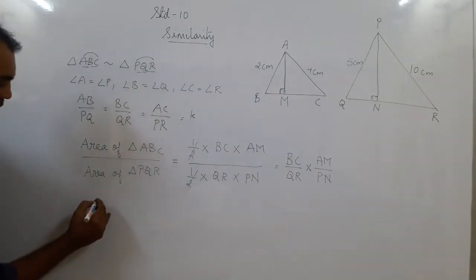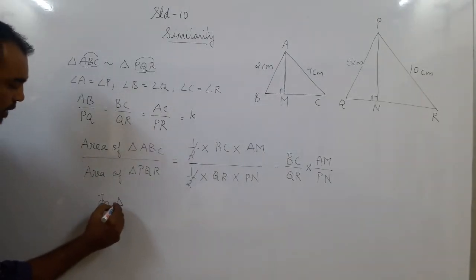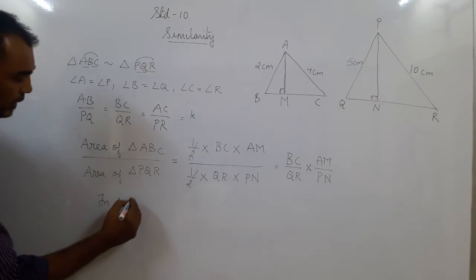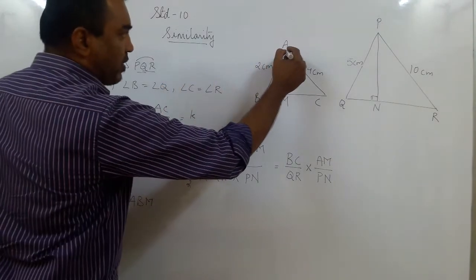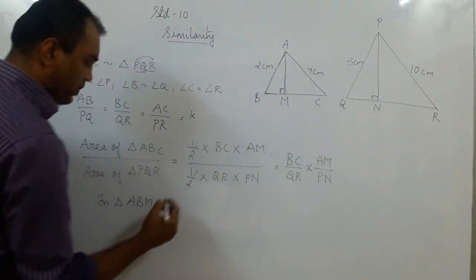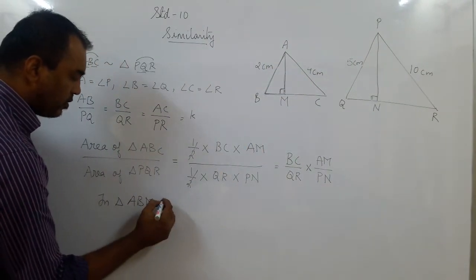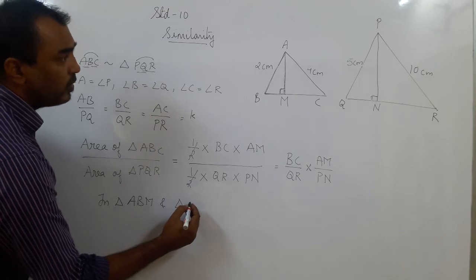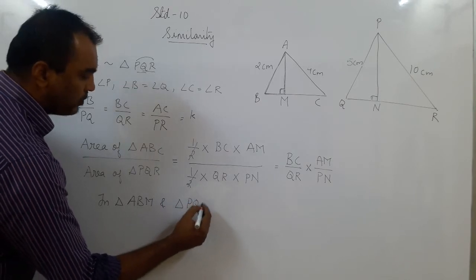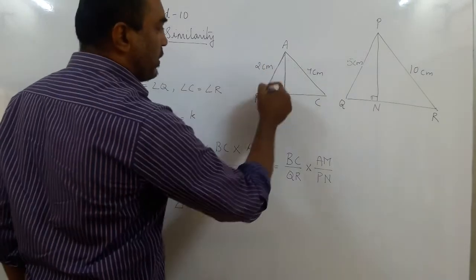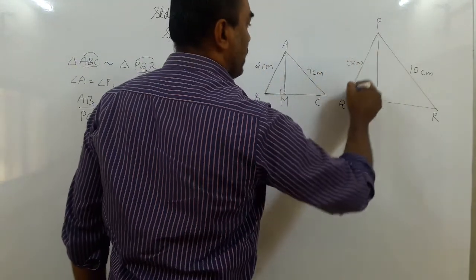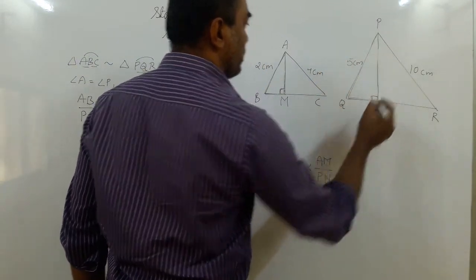So let me do something and see. Now watch. In triangle ABM, see which triangle I have taken. Observe. I have taken triangle ABM and triangle PQN. To complete this sum, I have to first take two triangles. I have taken ABM and PQN.